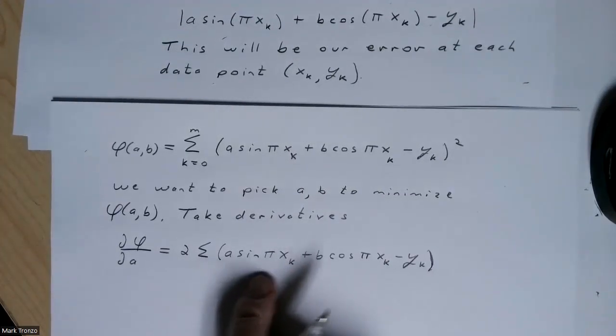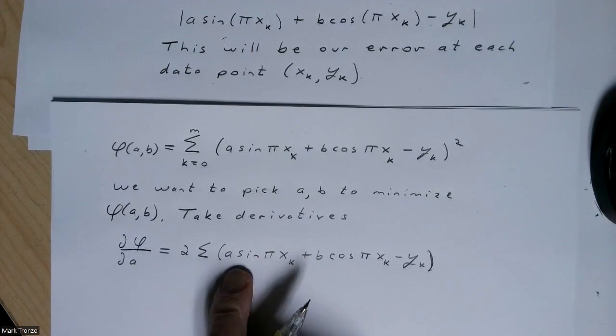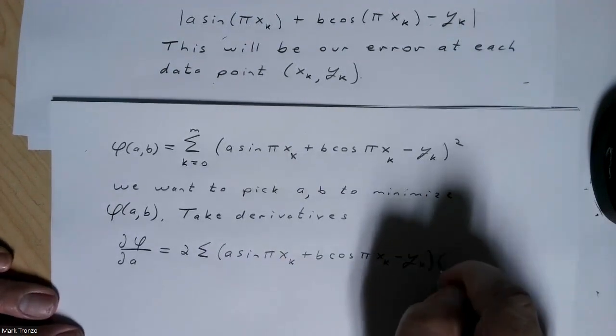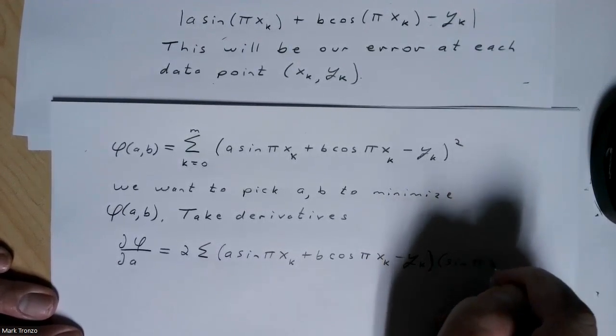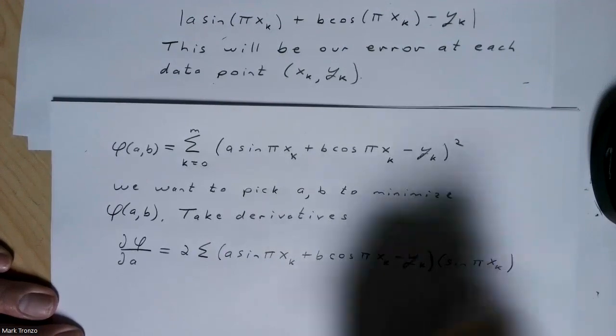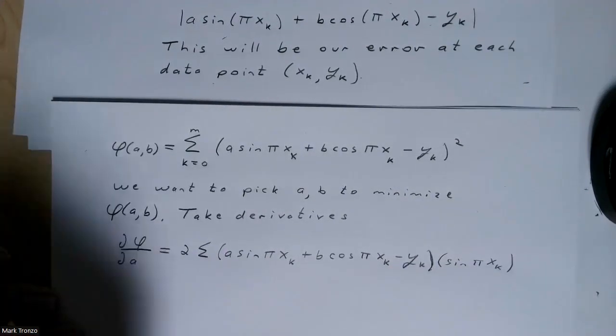And then the derivative of the inside with respect to A, that's going to give us sine pi xk, like this.